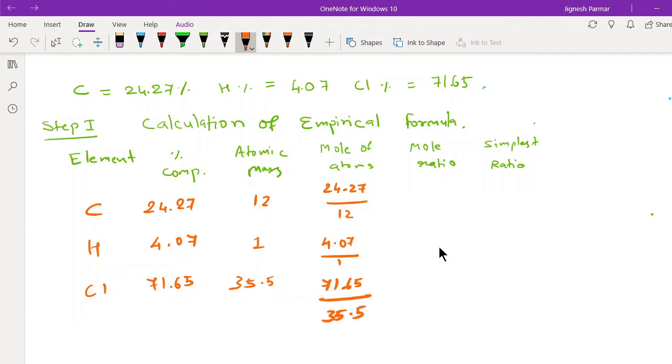If I find it out, what will be the answer? This will be 2.02, this will be 4.07, and the last one is 2.02.